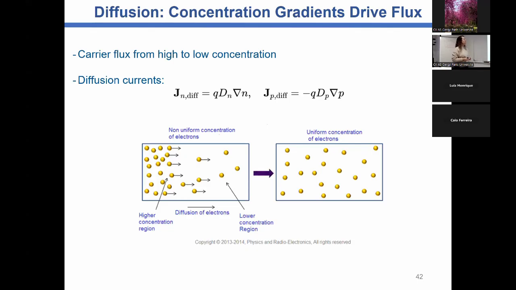And the carriers will have a diffusion coefficient, that is D plus n or p, in terms of the polarization of your carrier.